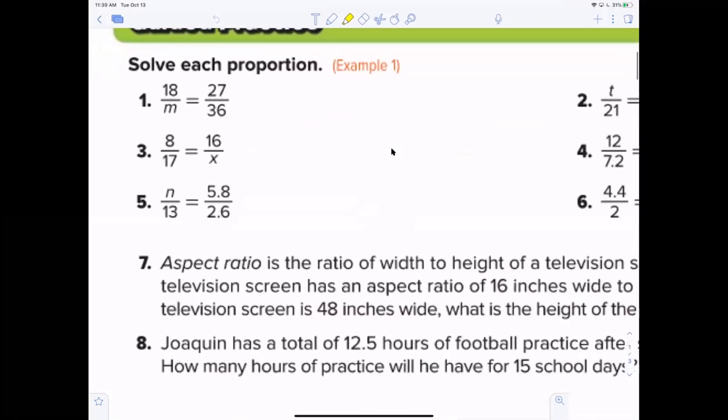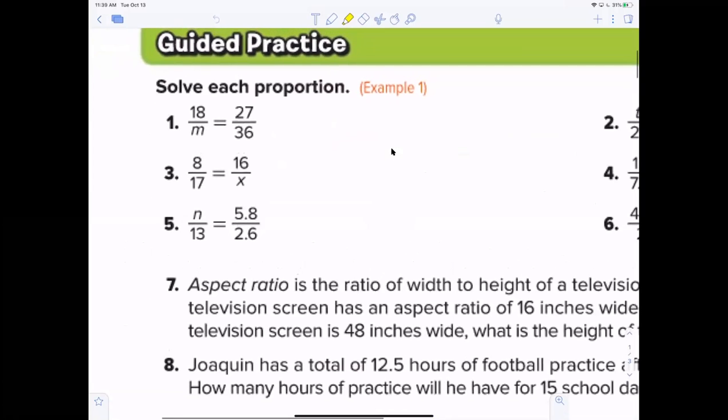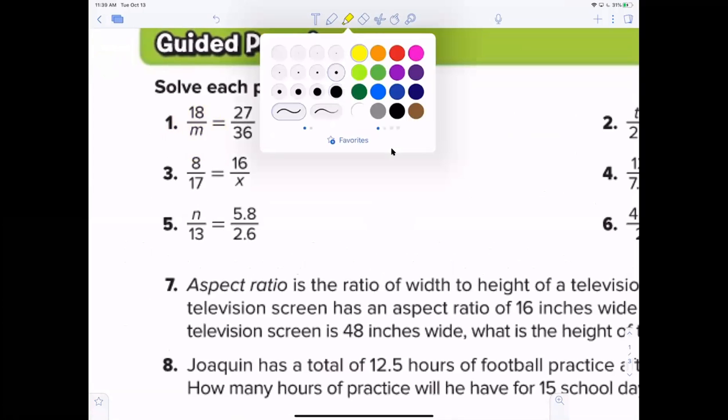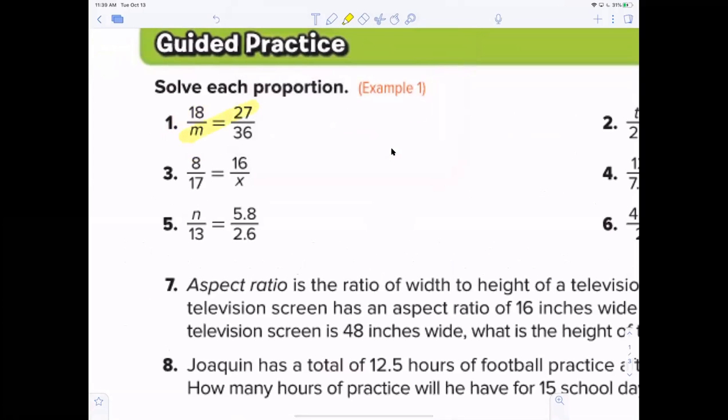Let's look up at number 1. Now, so bear with me on number 1. Now, when we cross multiply, here's what I mean. You're going to multiply the number times the variable. So we're going to do this, m times 27.